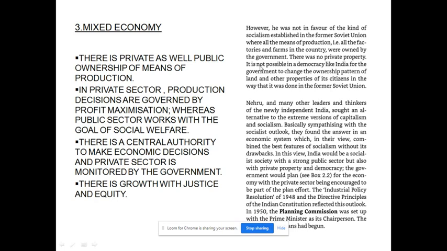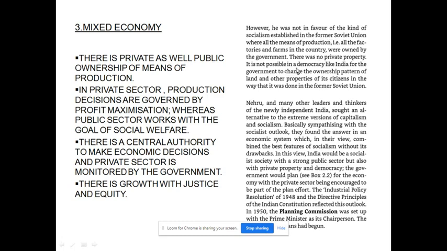Okay, so now let us see what happened in the Indian context. Now we got to know about the three types of economic systems. So he, that is Jawaharlal Nehru, was not in favor of the kind of socialism established in the former Soviet Union. Why?